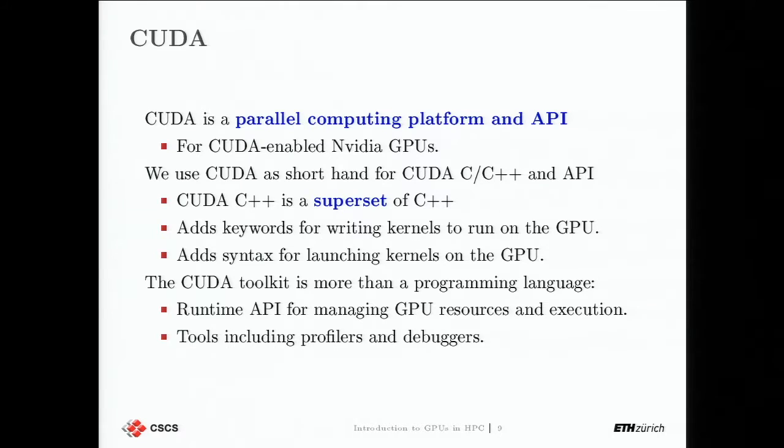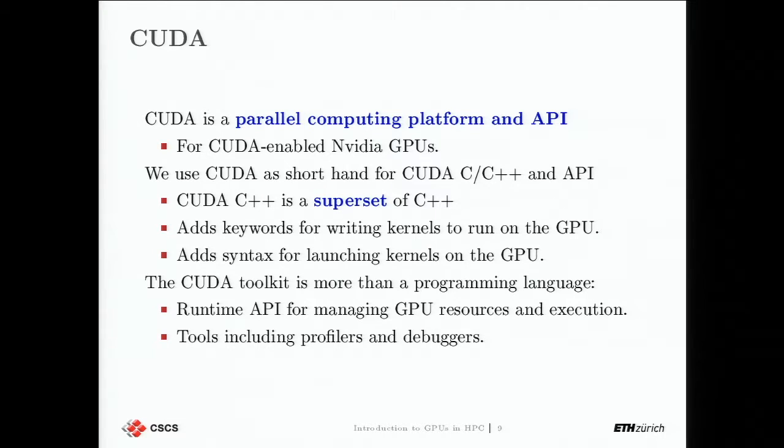And the CUDA toolkit is more than just the programming language. It's got the runtime API for managing GPU resources and execution. So if you want to allocate memory on the GPU, or run multiple GPU kernels or workloads at the same time on the same GPU, it provides a set of function calls that you can make to synchronize and organize all of these things.